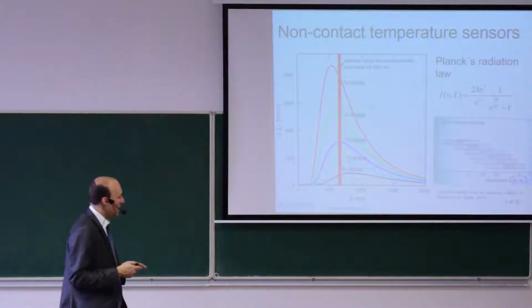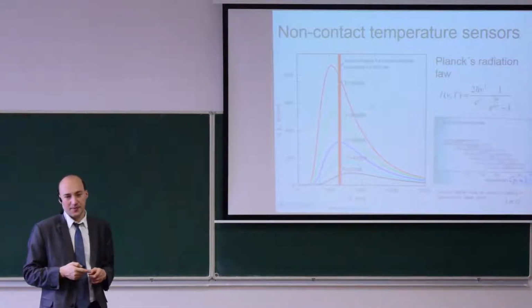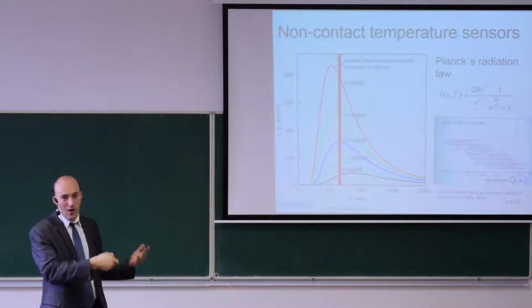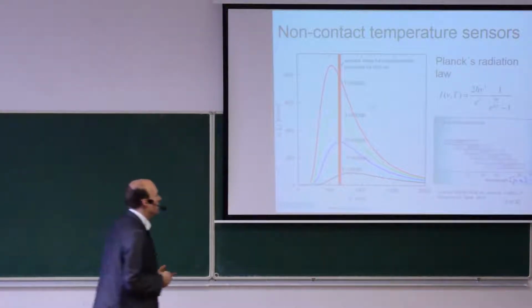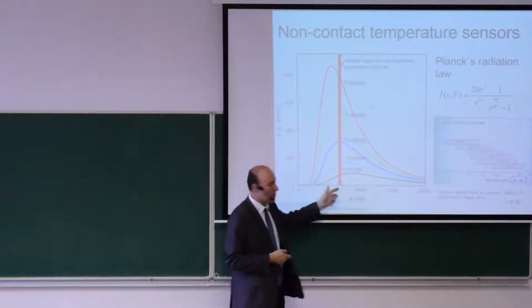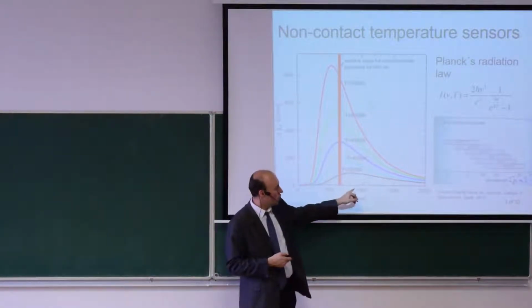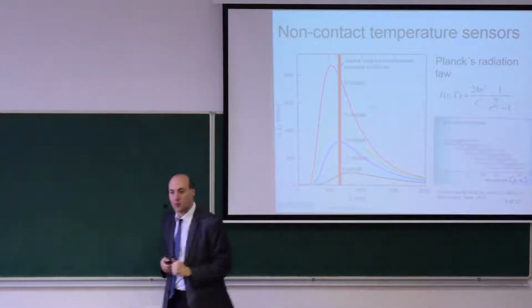What wavelengths do we see with our own eyes? I'm asking where are we in the spectrum? We are somewhere around here. So let's say we see from 400 to, let's say, 750 nanometers.